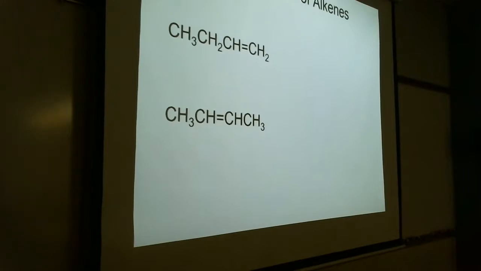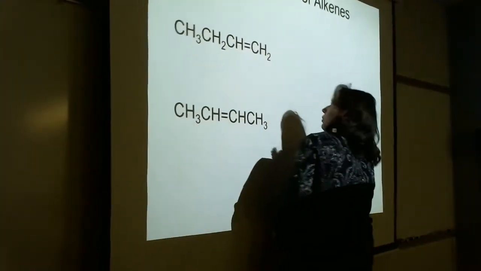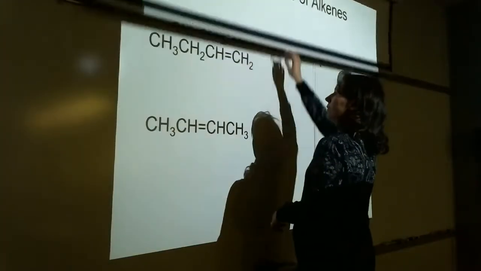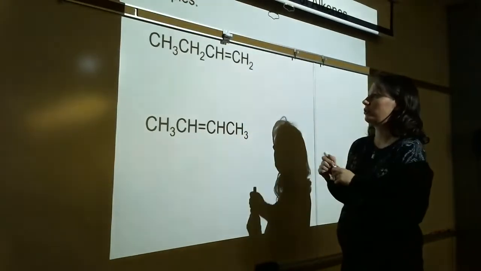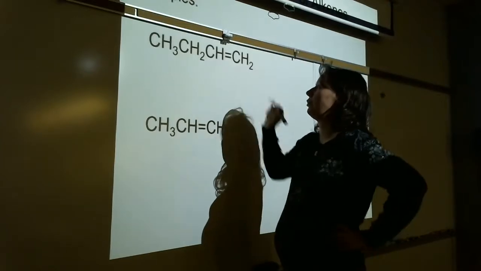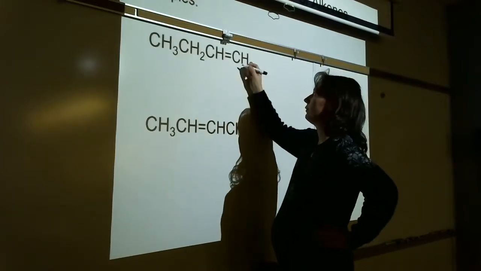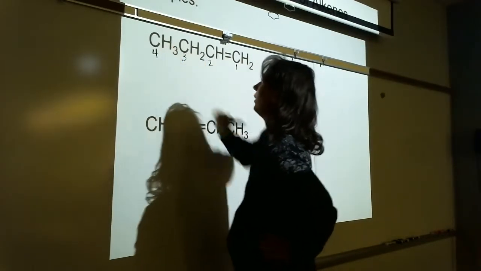Okay, so here, let's just name these both ways. Let's just do it on the board. Here we have no substituents. No substituents on any of these, so there's not going to be any substituent. We're numbering from the left or the right? Right. So this is going to be 1, 2, 3, 4.